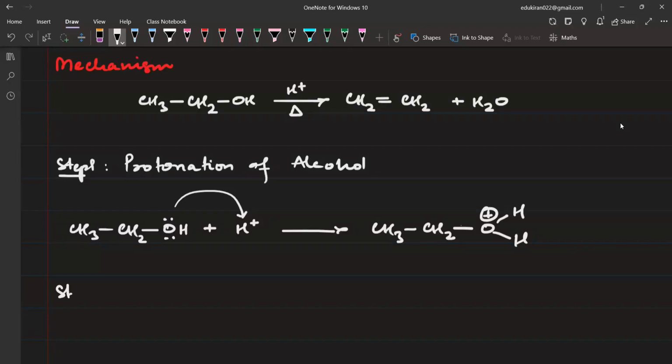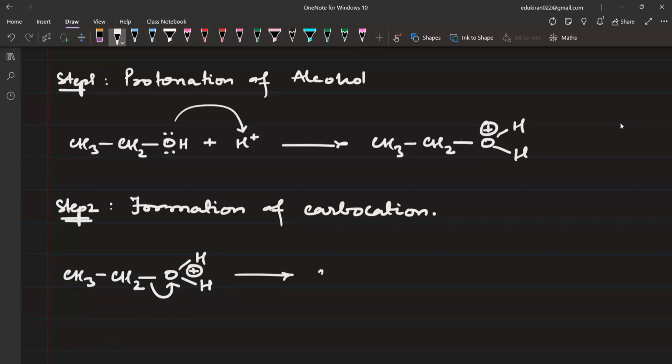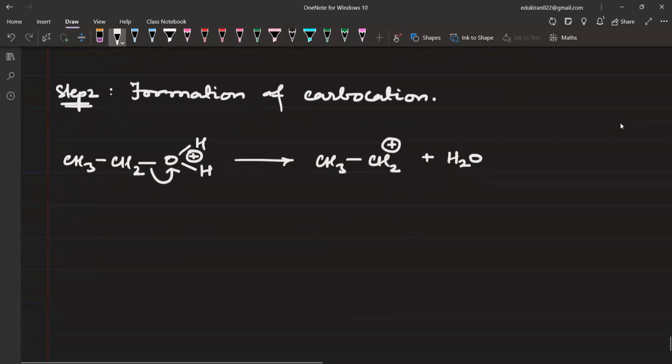Now, step 2 is formation of carbocation. We have CH3, CH2, oxygen with 2 hydrogens, the positive charge, and this bond breaks, leading to formation of CH3 bonded to CH2 positive plus H2O. After that, we have deprotonation of alcohol, step 3.